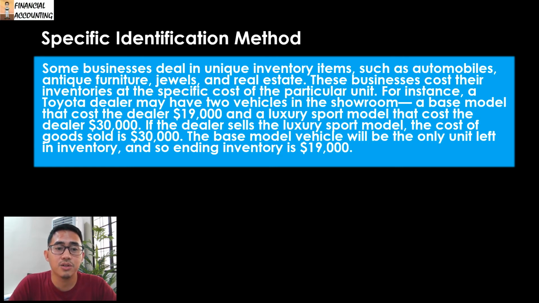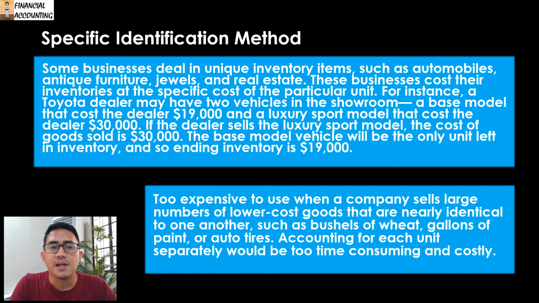For instance, a Toyota dealer may have two vehicles in the showroom, a base model that cost the dealer $19,000, and a luxury sport model that cost the dealer $30,000. If the dealer sells the luxury sport model, the cost of goods sold is $30,000. The base model vehicle will be the only unit left in inventory, and so ending inventory is $19,000.